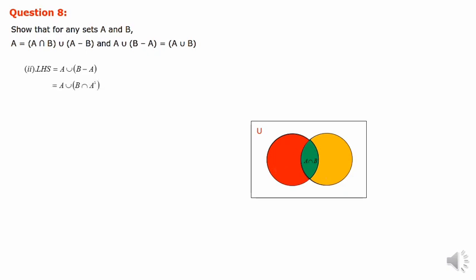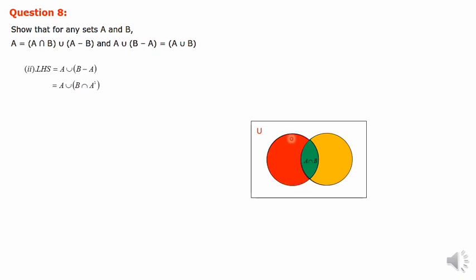I'm going to replace it with A union (B intersection A naught). Let's check B intersection A naught. What is that? Set B intersection means common with A naught. A naught means outside of A. So B is common with the outside of A. The B circle is this one. Outside of A means outside of these two colors.